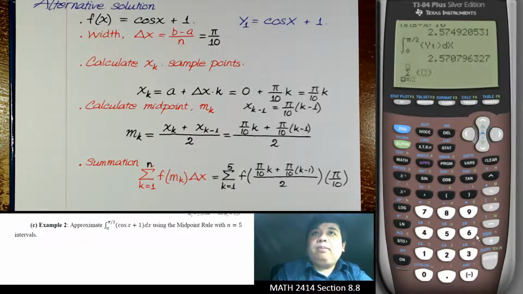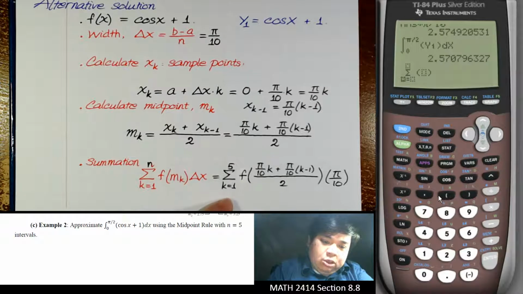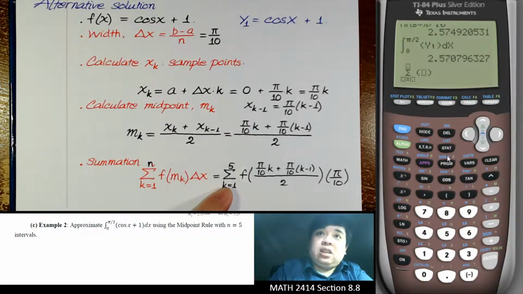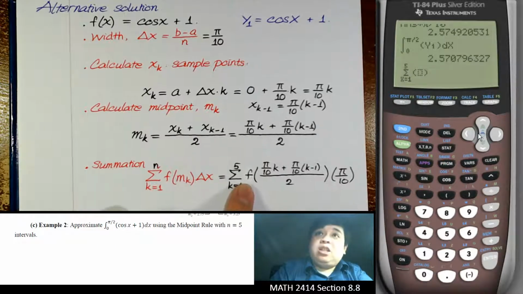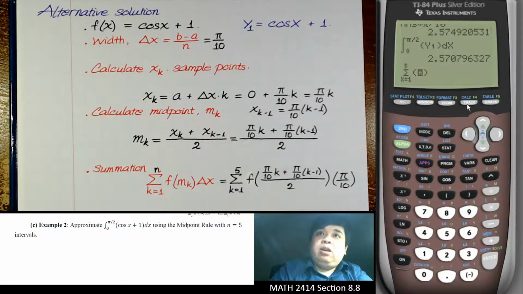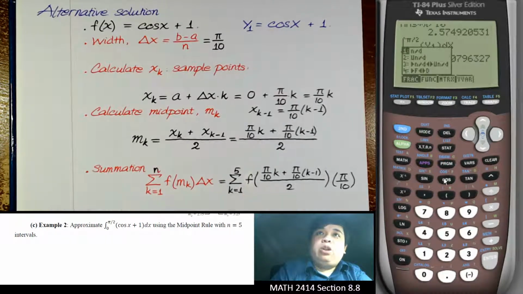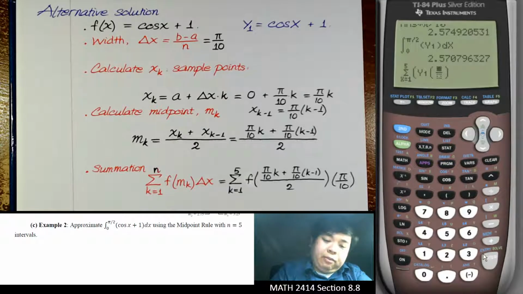Now, summation, math, summation. Right, instead of use k, why don't we just use x equal to 1 to 5. The values instead of f, that is the function y1, evaluate at the midpoint alpha equal to divide by 2, by the way.